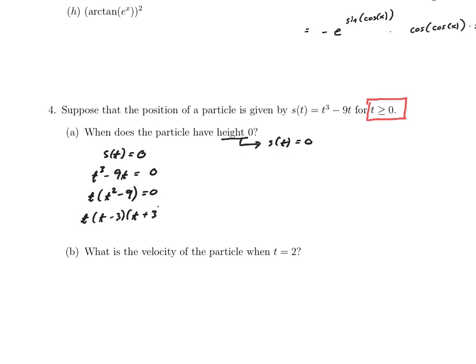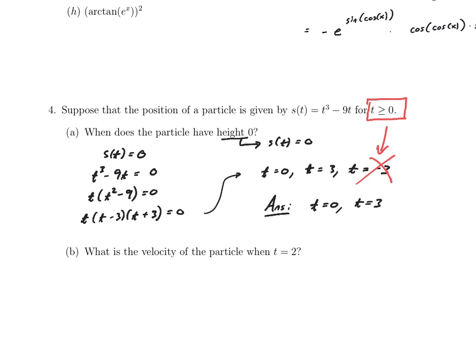It's a difference of two squares. You can factor that easily. So we end up having t is equal to 0, t is equal to 3, or t is equal to negative 3. But we can't have negative 3 because of our restriction here. So the answer is only t is equal to 0 and t is equal to 3. That's the only answers that we have.